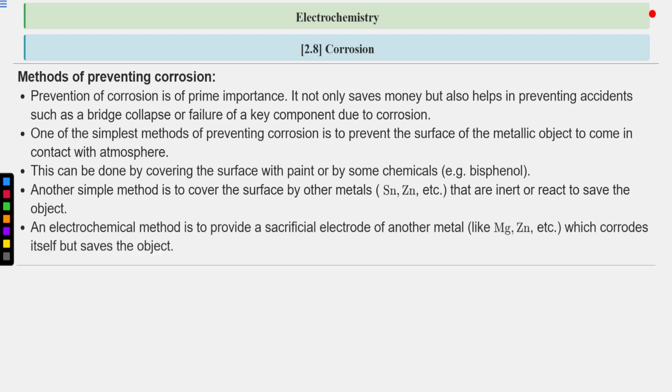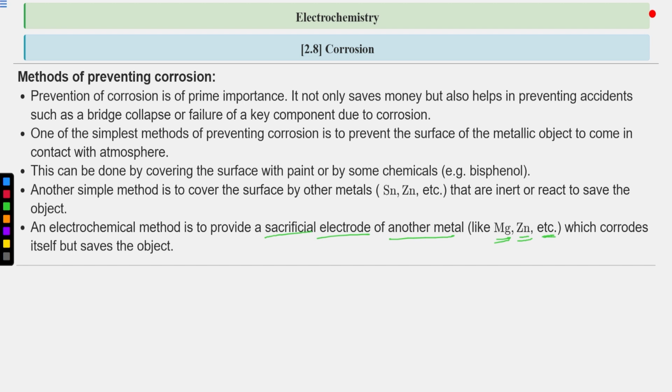An electrochemical method is to provide a sacrificial electrode of another metal like magnesium, zinc, etc., which corrodes itself but saves the object. Now, electrochemical method, we have already studied. Electrochemistry we are also studying.